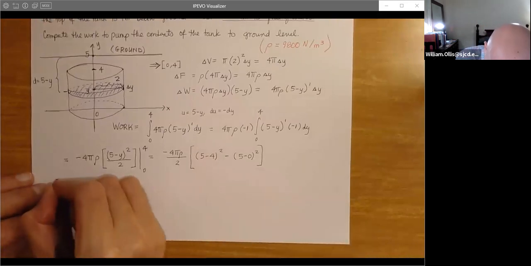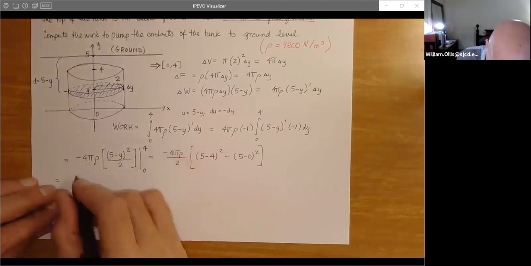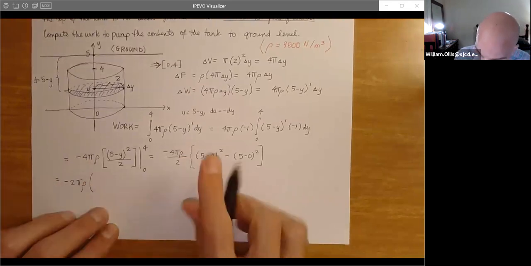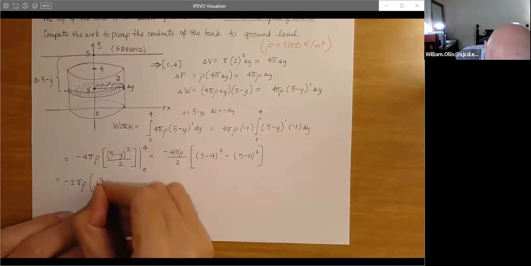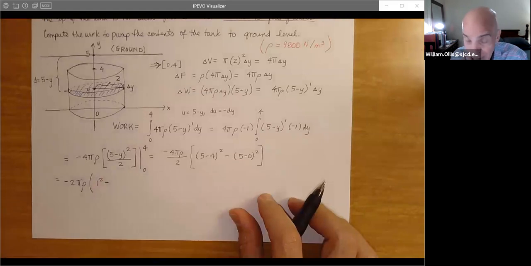Now, of course, the 2 will be absorbed into the 4. So we get a negative 2 pi rho. And what do we have here? We have 5 minus 4, which is 1, so this is 1 squared. And then, of course, here we have the minus 5 squared.